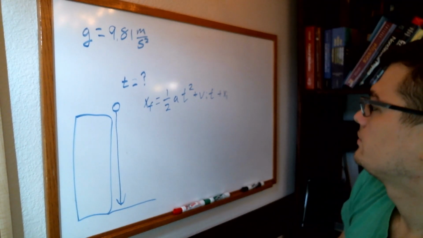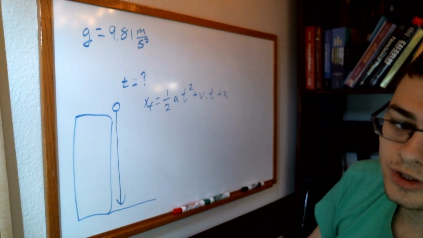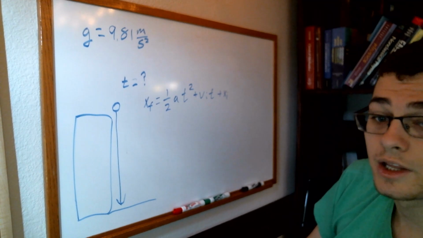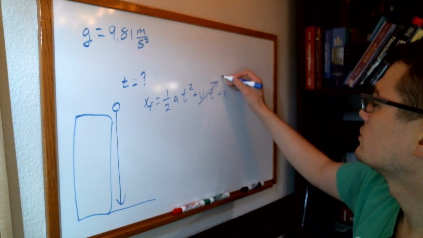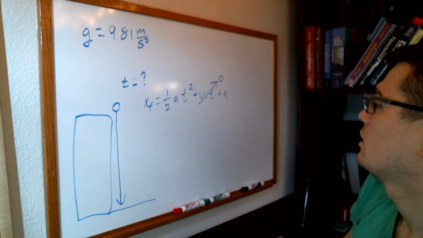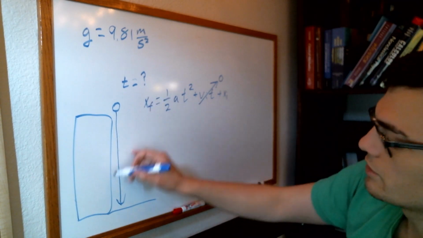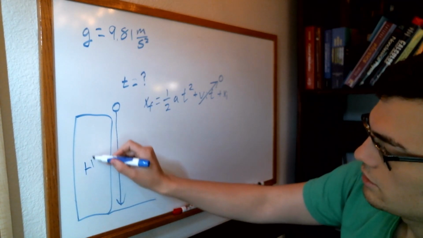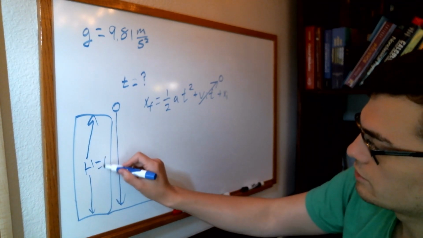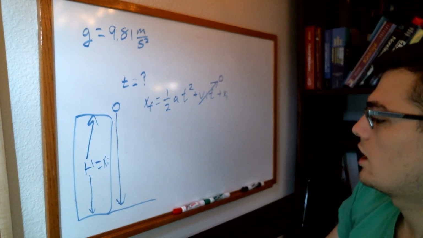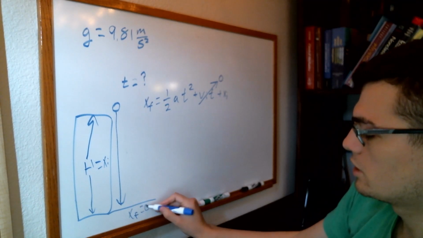So right off the bat, we can say that if we're just dropping this ball, we're not giving it an initial velocity. So this term here goes to 0. Next up, xi is just going to be the height of the building. So whatever this height is, this is going to be equal to xi. And our final position when the ball hits the ground is going to be xf, which is equal to 0.